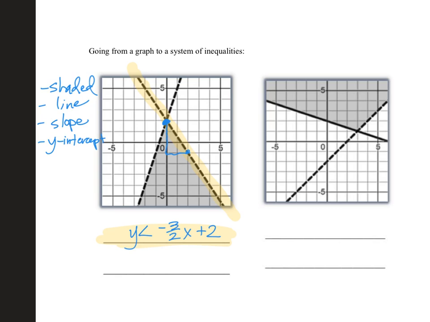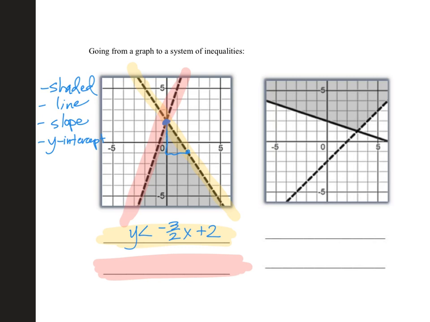Now let's go ahead and look at the other line. And I'm going to use a red highlighter for that. So we're going to look at this line. I'm going to highlight this area in red. Okay, so now that we're looking at this line, we see that it has a positive slope, so we can keep that in mind.